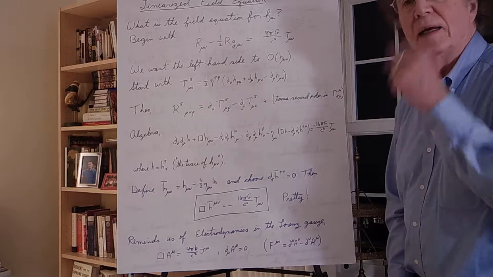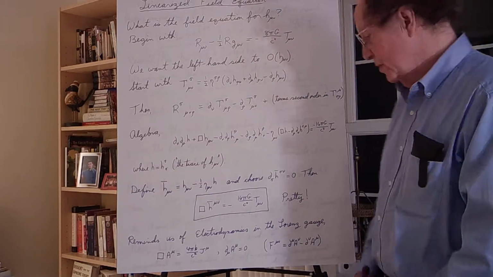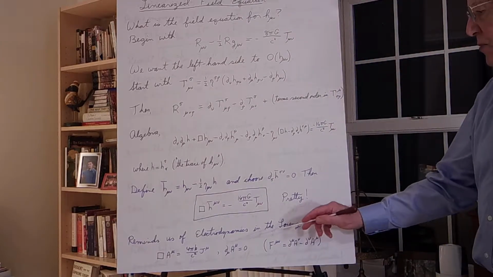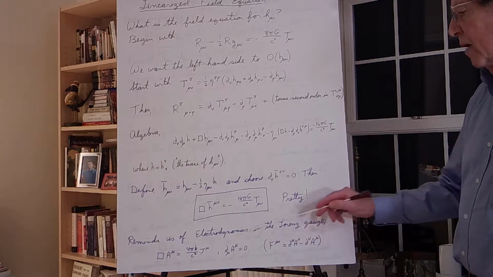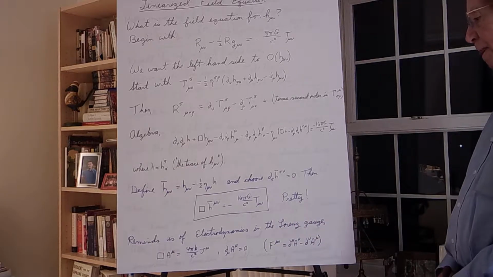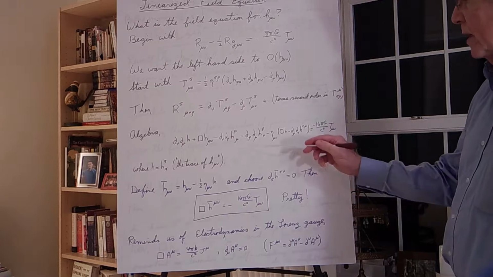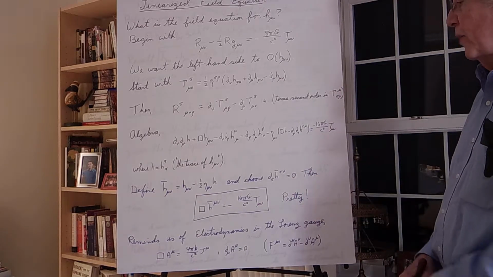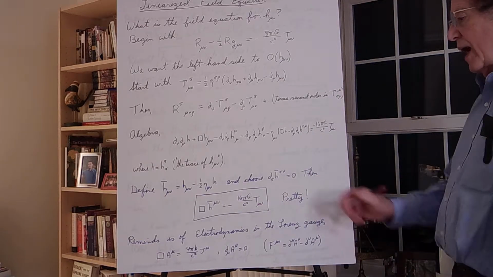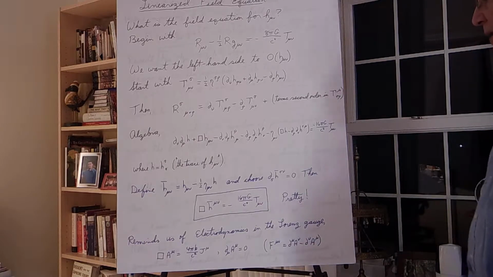However, it cleans up tremendously if I choose the Lorentz gauge, the gauge where the divergence of A mu is equal to 0. So I notice a similarity between weak field gravity and ordinary electrodynamics.